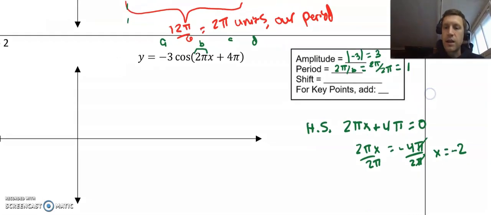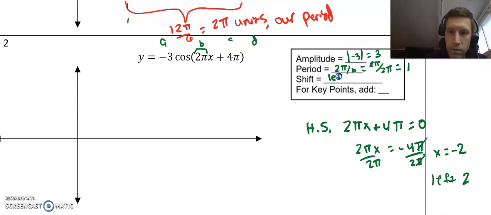So x is -2, negative meaning I will shift left 2. And then to find the other key points, I'm going to take my period divided by 4, which is 1 over 4.